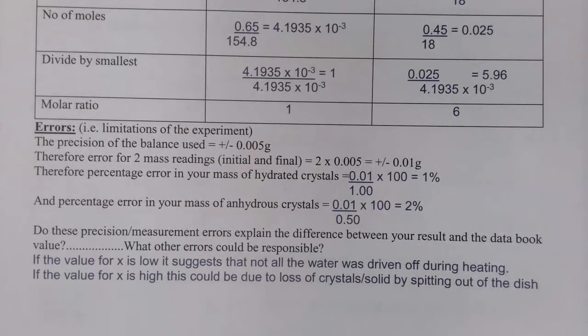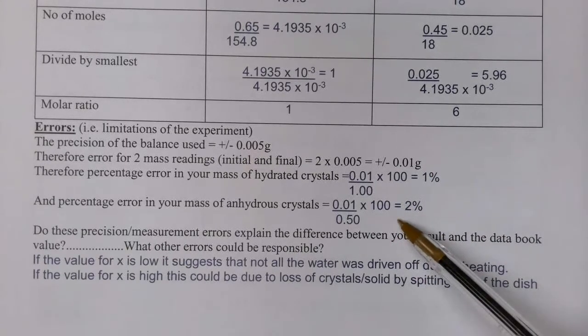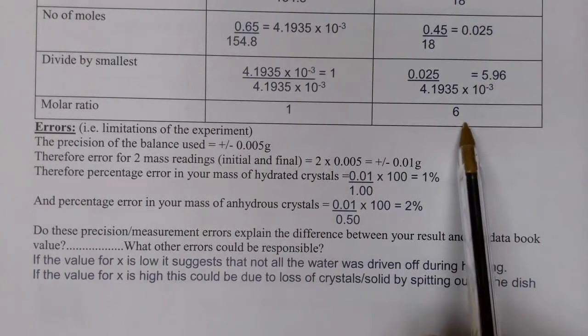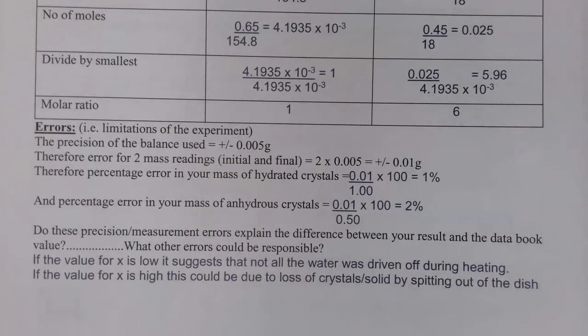It's likely to be an error in the method itself. Now if the value for X is too low, it suggests that not all the water has been driven off. If the value of X is too high, which is what I've got, it could be that I've lost crystals due to spilling out of the dish or sticking to my spatula as I was giving it a bit of a stir.